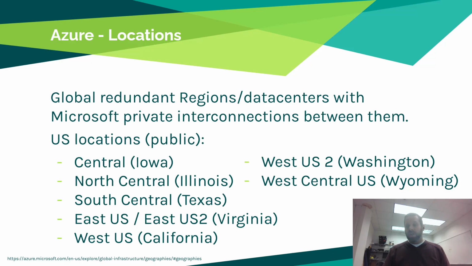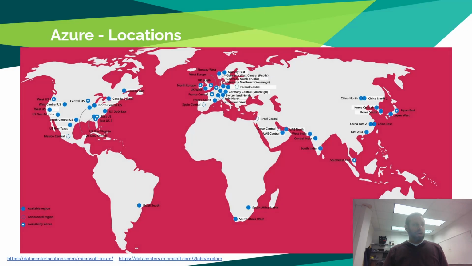So depending on where you're deploying your stuff, where your offices might be, you can usually find one that's not too far away from where you physically are located. And you do that to keep your latency down. But that's not it for as far as where Microsoft has data centers. If you are a worldwide company and you want to focus your data centers in different areas, you'll notice that there's a lot of different data centers in and around Europe.